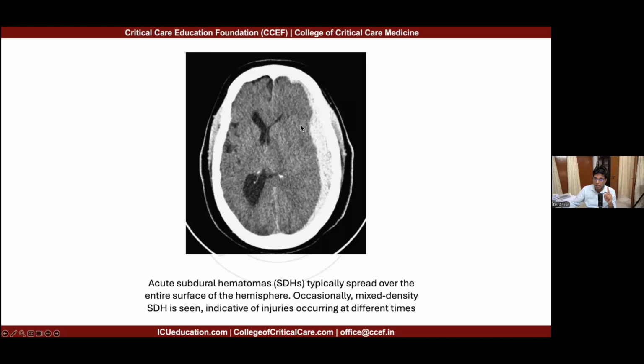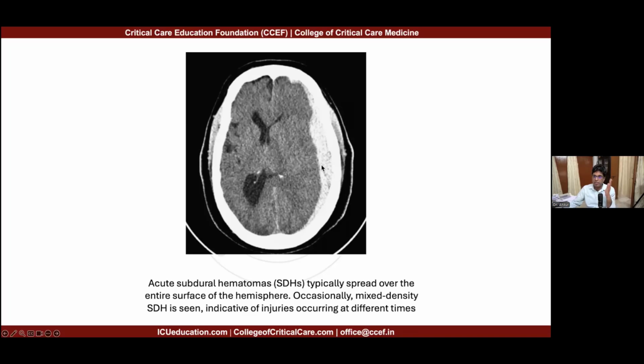While in the subacute one, especially the patients who are on antiplatelets or alcoholics or cirrhotic or on any anticoagulation, even with a very small trivial trauma, like sitting and getting their head struck on the bed or on the wall, or some trivial injury while playing, the venous blood starts oozing and collecting.